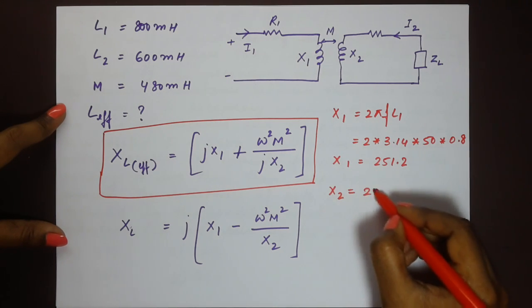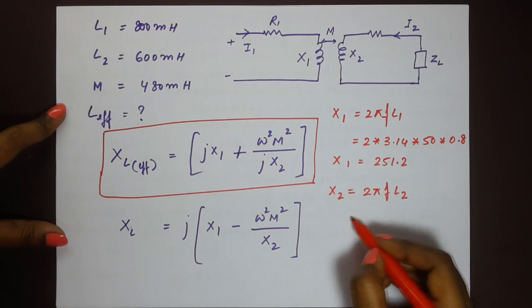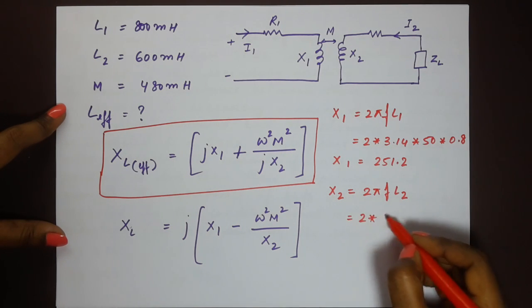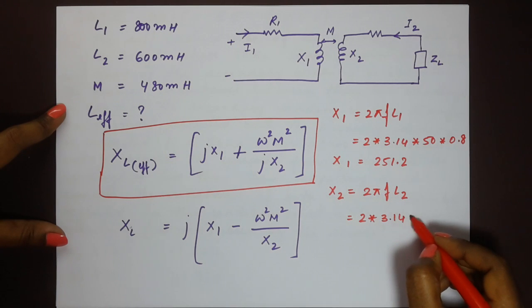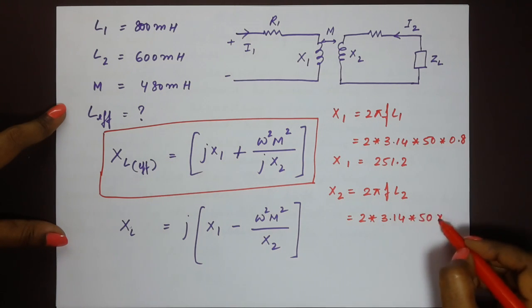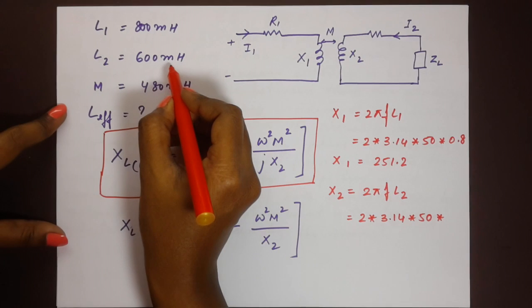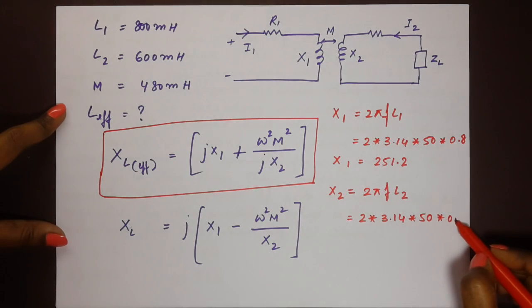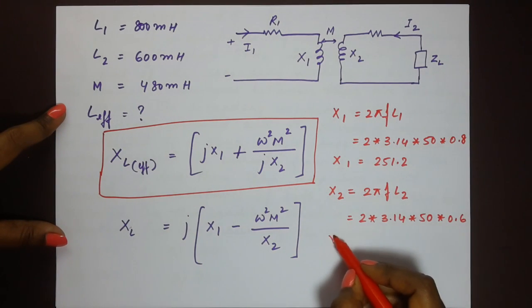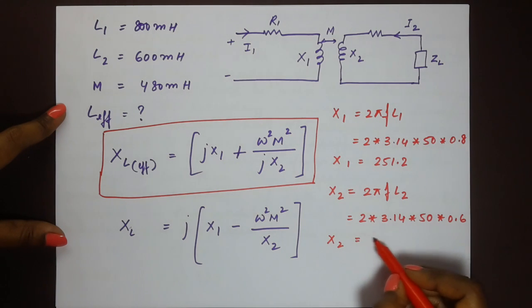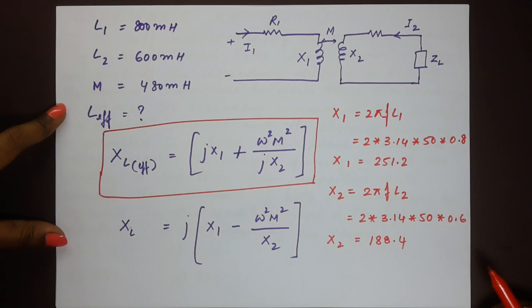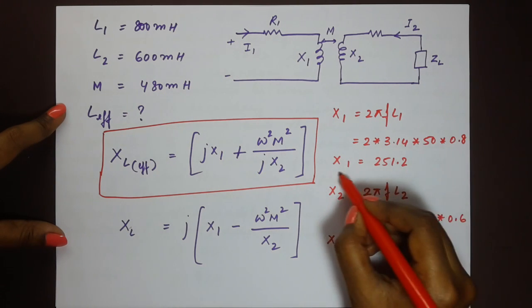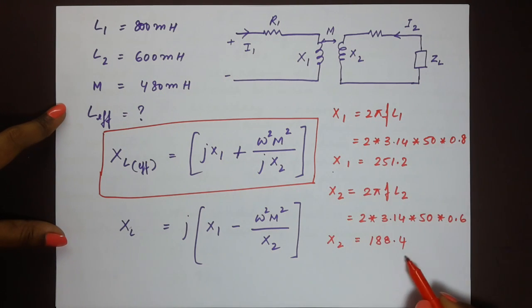Next, let's calculate the value of X2. The formula is 2 pi f L2, which then gives us 2 times 3.14 times 50 times, now L2 value is 600 millihenry. So we write that as 0.6. So solving, we get X2 as 188.4. So we have the value of X1 and we have the value of X2.